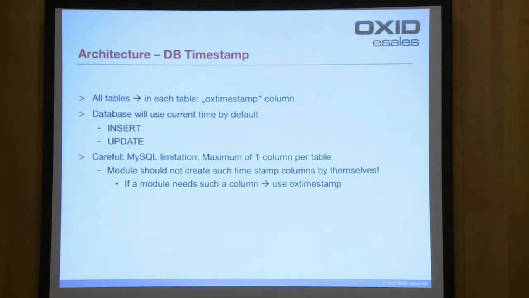The only thing you should know as a module writer is that you don't need to update those columns yourself. It will automatically be done by MySQL, but you cannot add a column like that to your table yourself anymore. So as a module writer, don't add a timestamp column with this automatic feature of MySQL, because MySQL can only have one column per table.